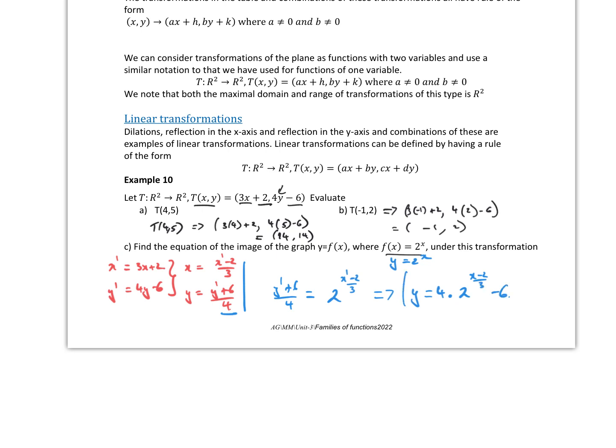And we could probably leave it like that. Technically, I put my dashes there so I understand that this is my new function, my transformed function. I think that's a good habit for us to get into, but you don't have to have it written there on your final answer.